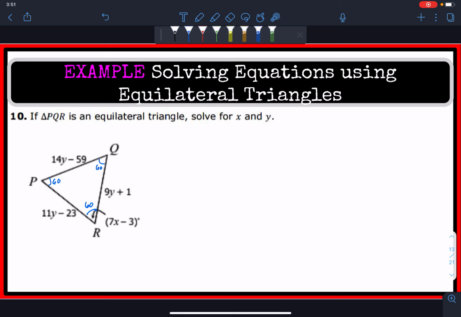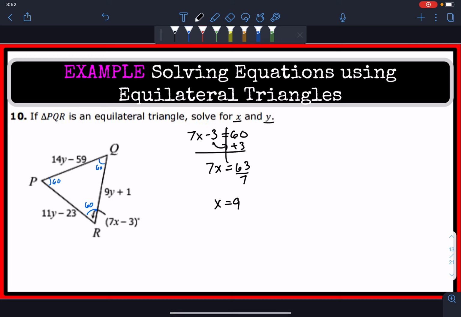So for this one, to figure out the value of x, I'm simply going to get 7x minus 3 and set it equal to 60, because the measurement of this angle, which is 7x minus 3, has to be the same as 60. Solving this equation, we add 3 and get that 7x is equal to 63, and dividing by 7, x equals 9. So we solved for x.